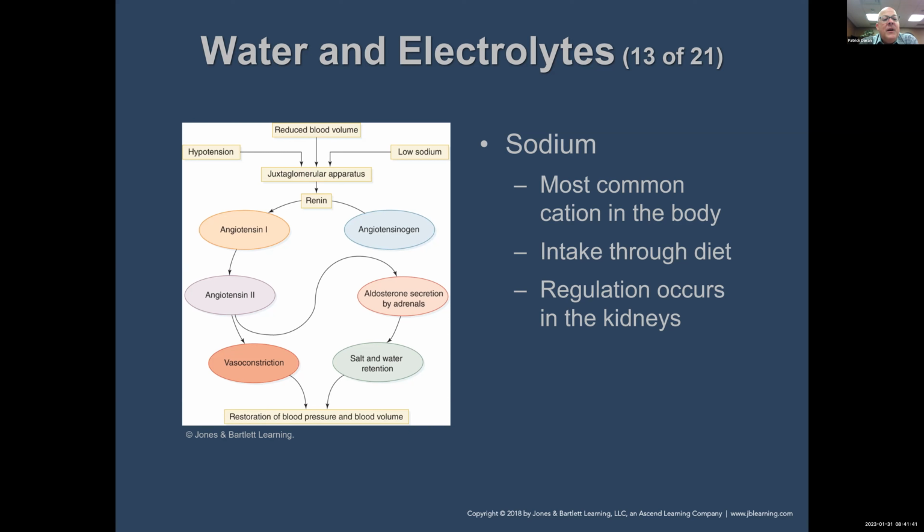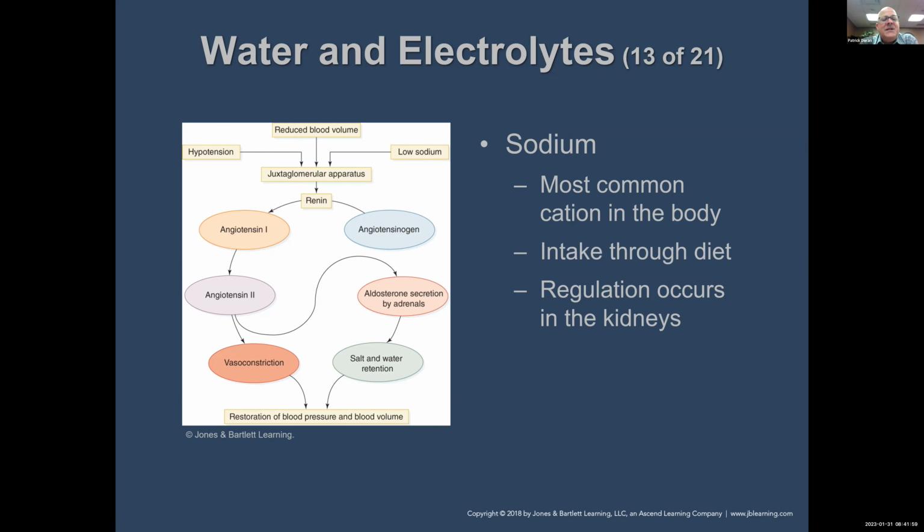So the juxtaglomerular apparatus in the kidney senses this, okay? And then it will secrete renin.